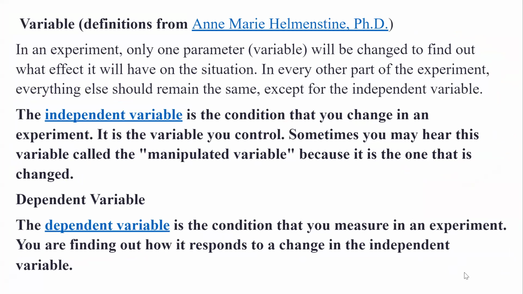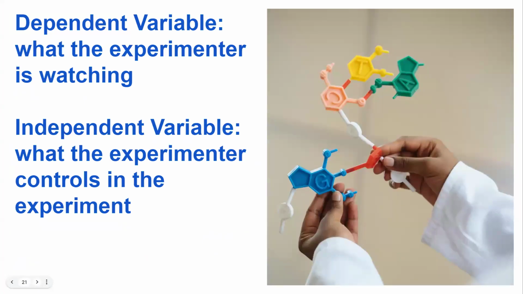But on the next slide, I have the definitions as I explain them to my class, as I learned them or relearned them just a few years ago. So I think of the dependent variable as what the person doing the experiment is watching. And the independent variable is what the person doing the experiment controls.